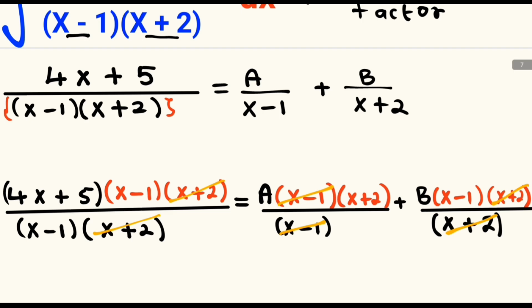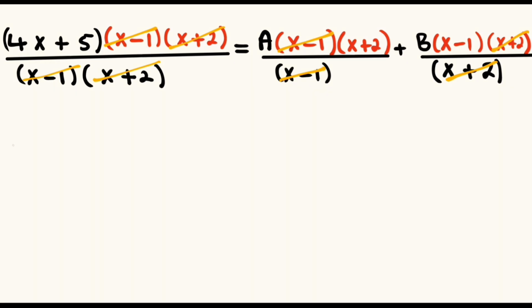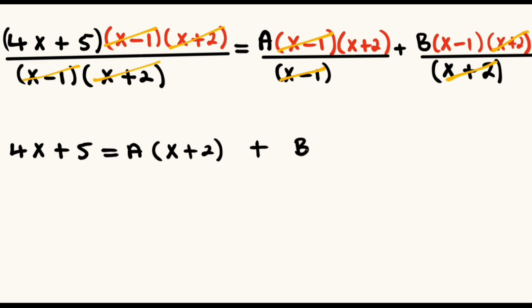So on the left hand side, we are left with 4x plus 5, which will be equal to a into x plus 2 plus b into x minus 1.